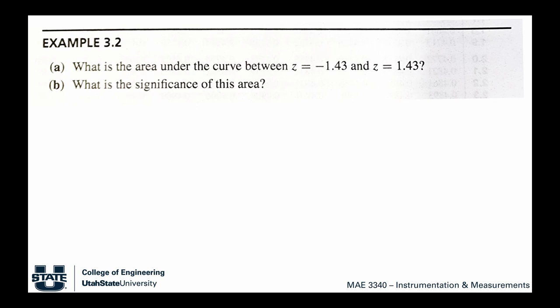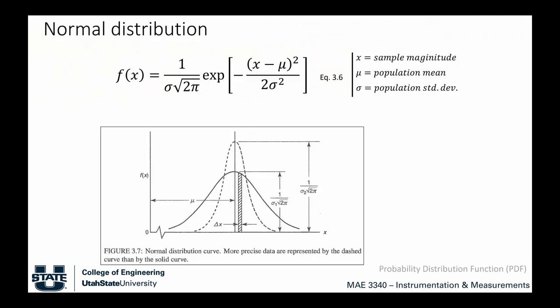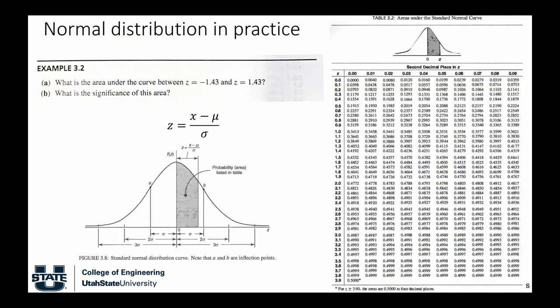So once we find that area under the curve, what is the significance of the area? In order to do this, again, we could integrate this, but instead we're going to use this table. This table 3.2 is going to become your friend. We're going to use it very often. So for the area under the curve between these two values, what we do with this table is we look at the z value, which is the number of standard deviations away from the mean.